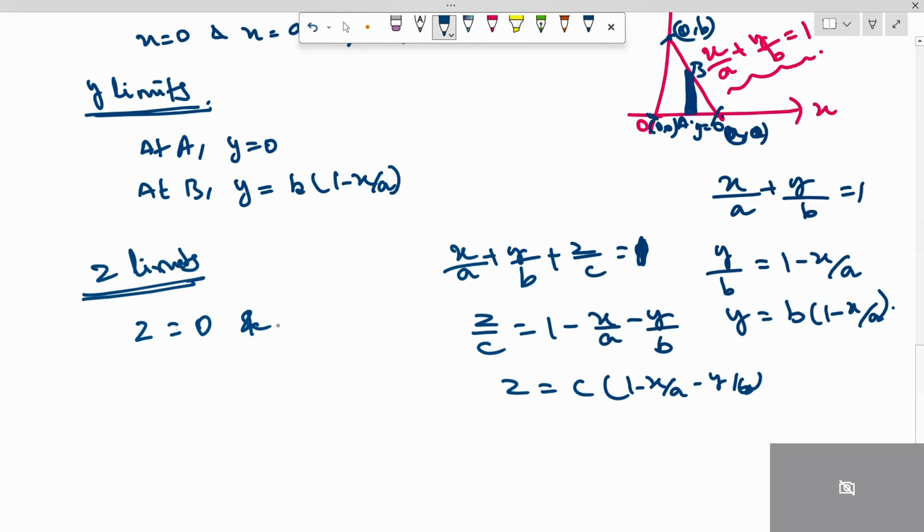Now we can write z is equal to 0 to z is equal to c into 1 minus x by a minus y by b. In this way only we have to write the limits.